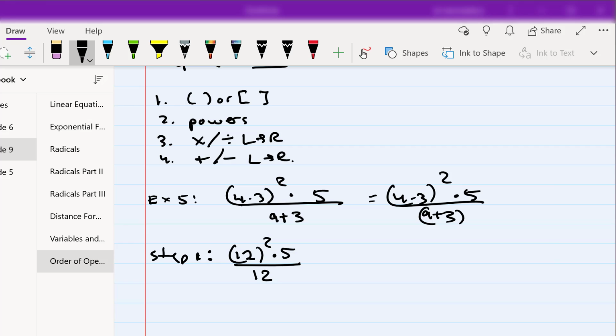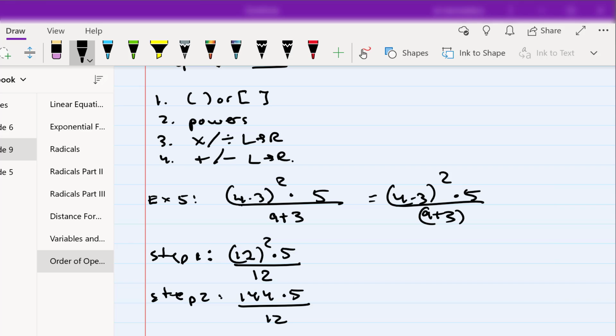Next, there are a couple of ways of doing this. We can carry out the powers. So step 2, 12 squared is 144 times 5 divided by 12. Now, there are two options. We can carry out the division, 144 divided by 12, and then multiply by 5, or we can multiply 144 times 5 and divide that by 12.